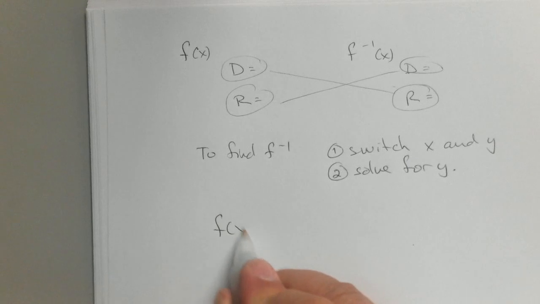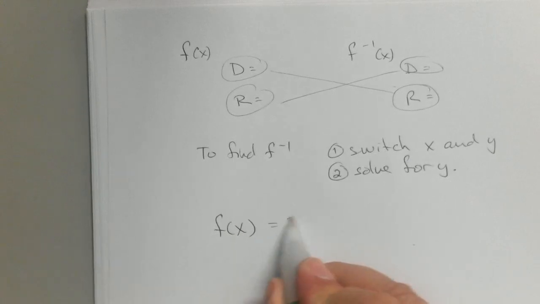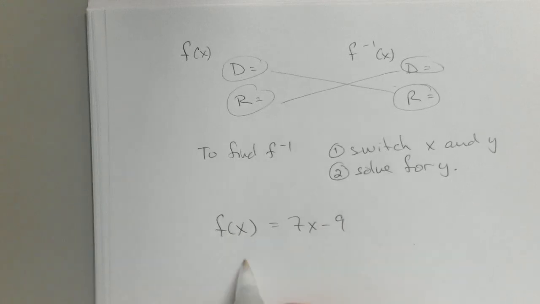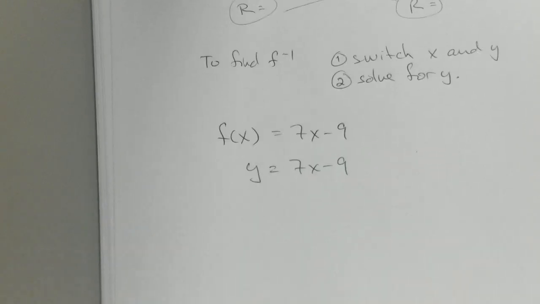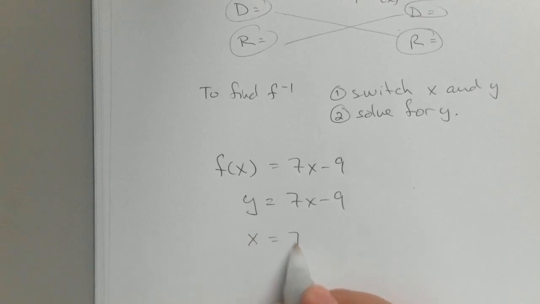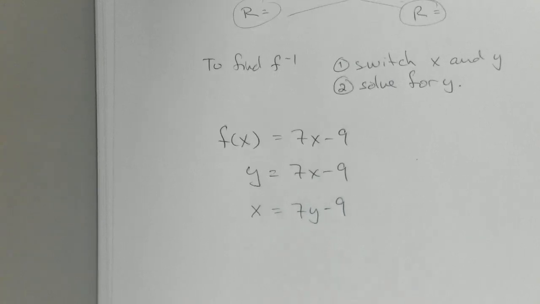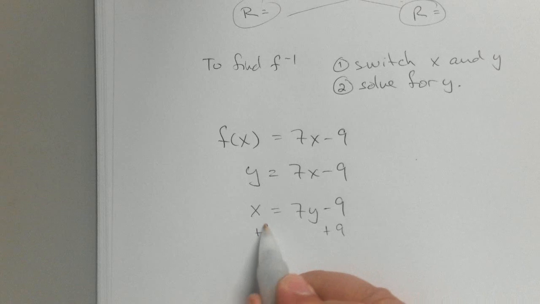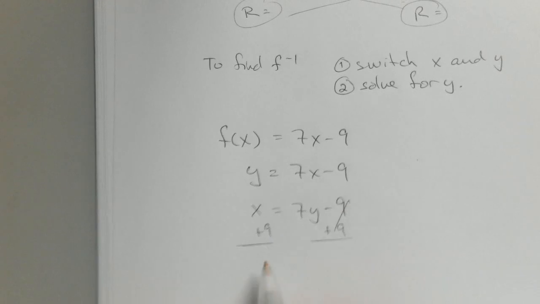So since our function is 7x minus 9, the first step is switch x and y and solve for y. We have to add 9 first.